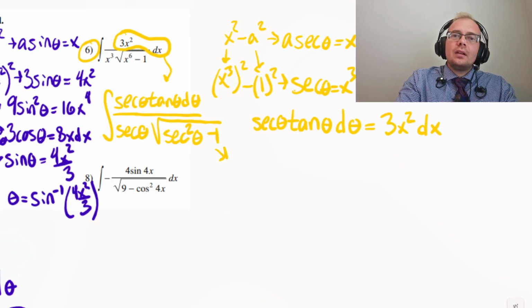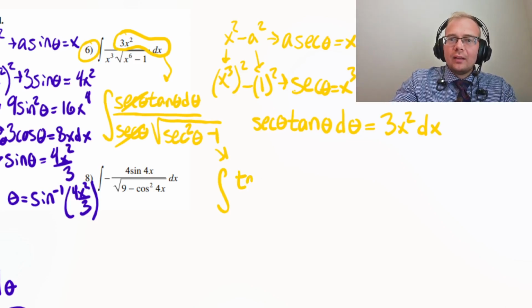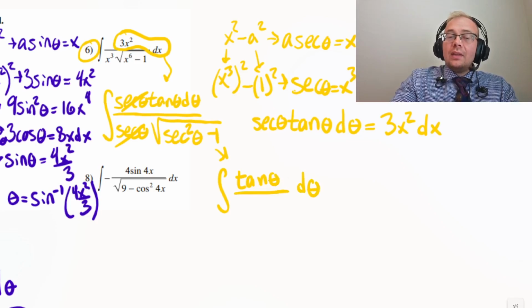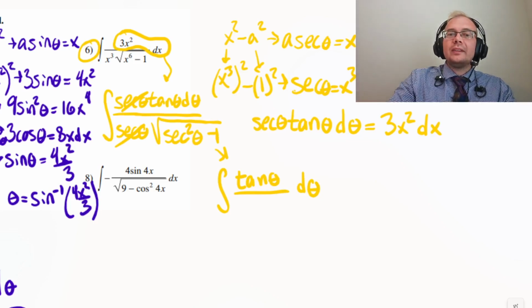Okay. So then I can go ahead and cancel those secants right now, secant theta, tangent theta, d theta, and then the square root of secant squared minus 1. Secant squared minus 1 is equal to tangent squared.